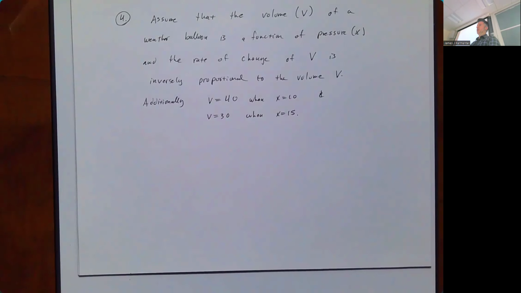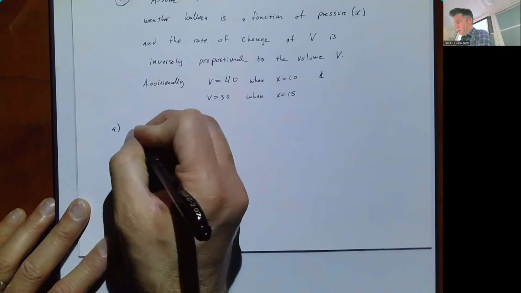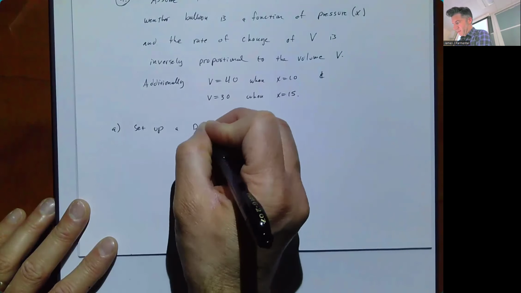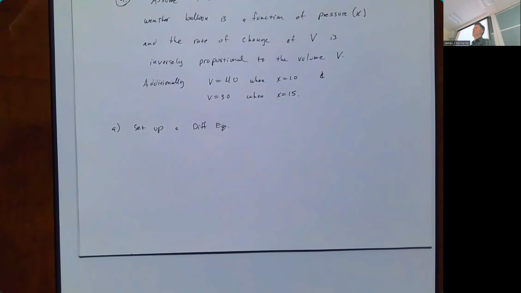Yes, there are some units associated with these things, but let's not worry about the units. So, part A, set up the differential equation. Which honestly is, oh, I forgot to do the other half of that problem. I said we were going to do it both ways. Well, we can do it the other way on Monday. This is more important, I think.